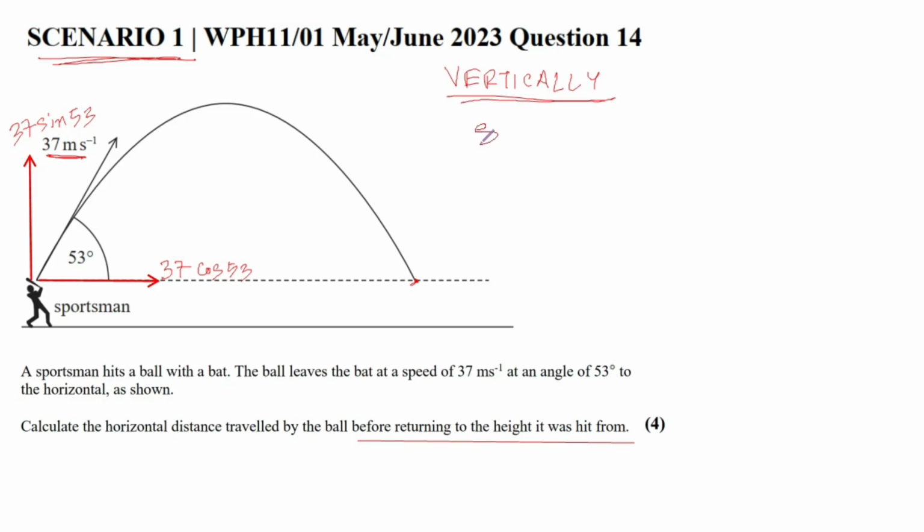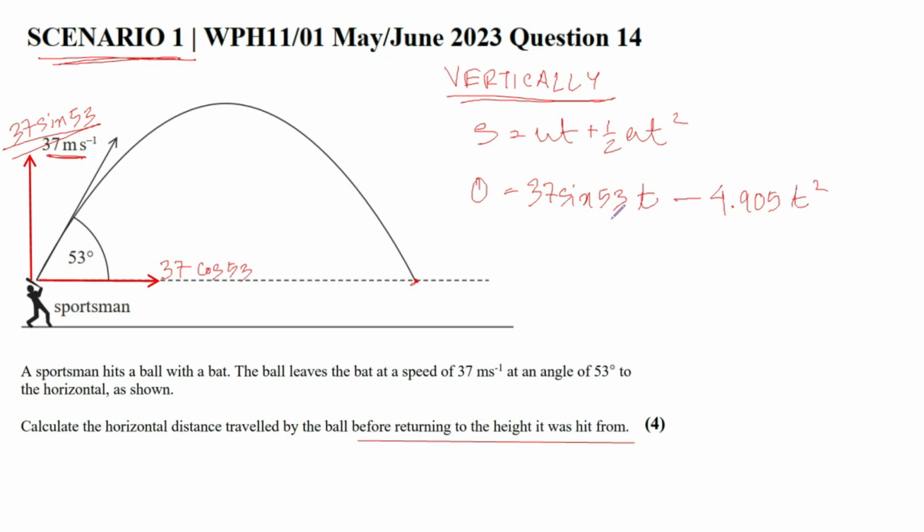Let's recall the equation. s equals ut plus half at squared. So the total vertical displacement is 0 and u is 37 sine 53 t, minus because there is double motion going up and coming down. So throughout the motion, the value of acceleration would be minus 9.81. Minus 9.81 divided by 2 gives you minus 4.905 t squared.